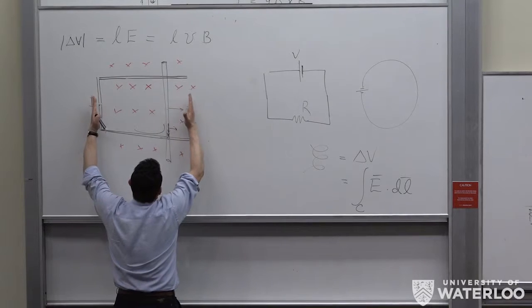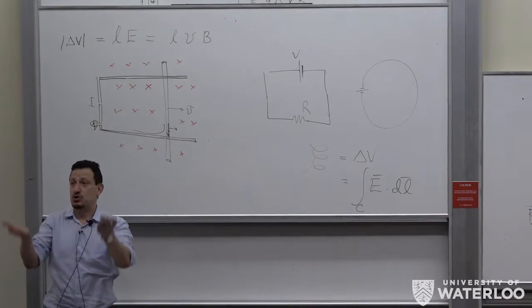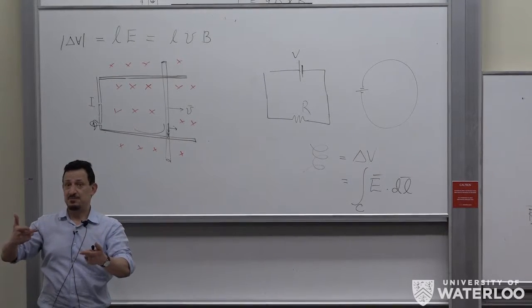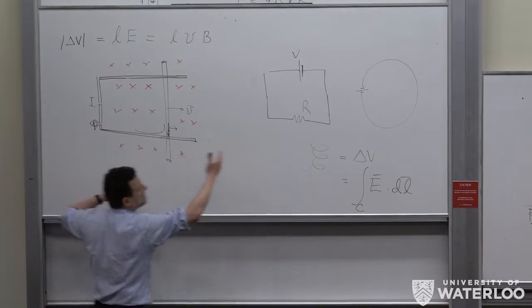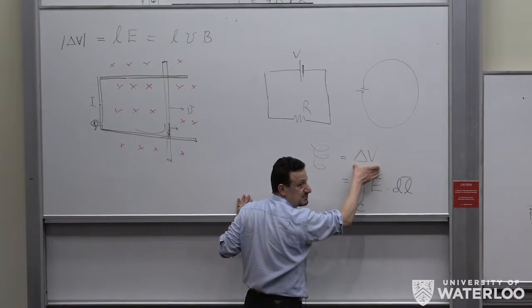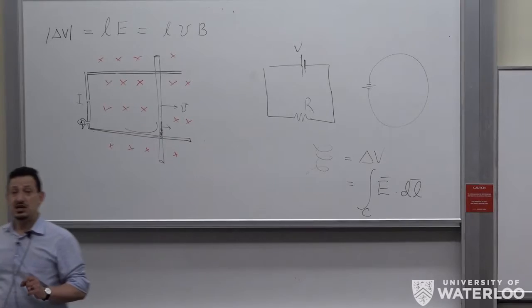As I move this, that flux is changing. It is increasing in this case, isn't it? That causes this mysterious electromotive force, this mysterious voltage. Is there a specific place for the voltage in this circuit? No.